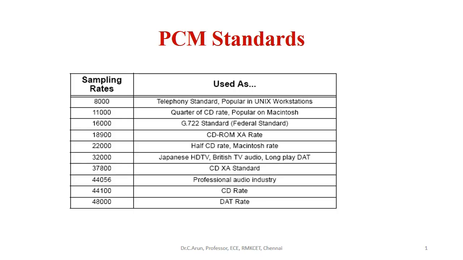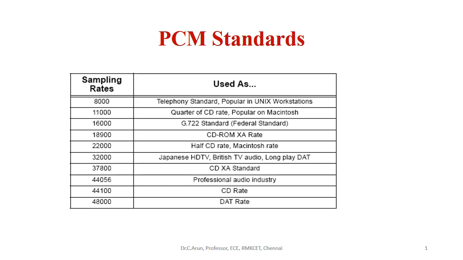In this slide we are going to present the pulse code modulation standards. The sampling rate is represented as 8,000, 11,000, 16,000, 8,900, like that. If the sampling rate is increased, the quality of the signal will improve.